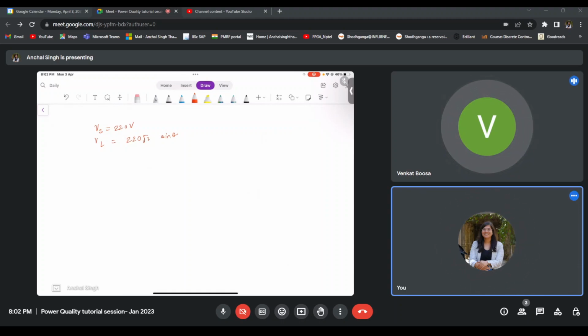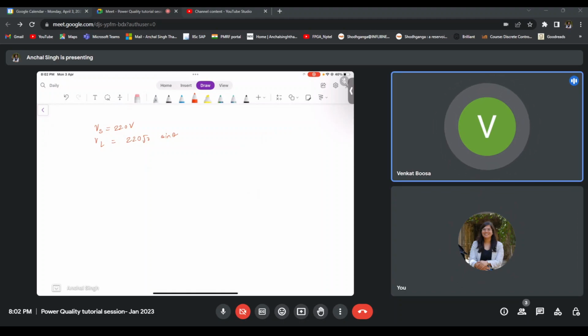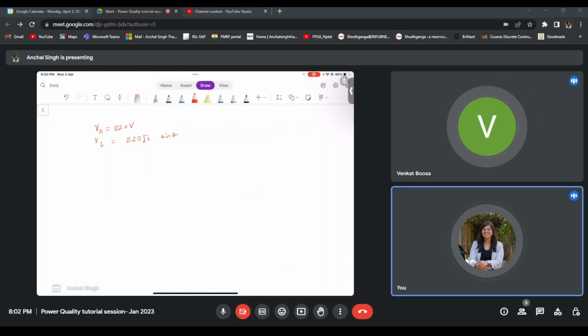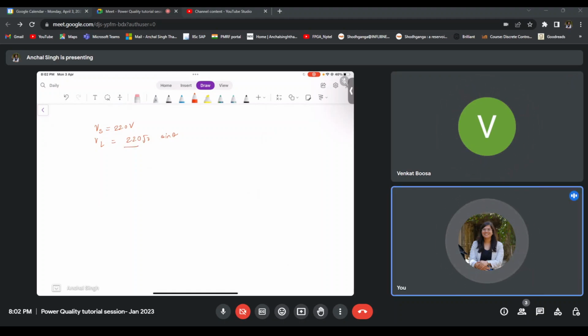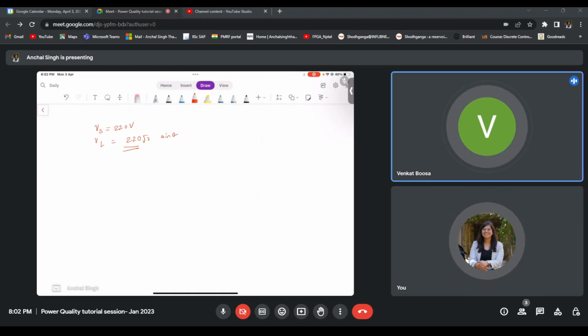If 230 or 240 were given, madam, would the procedure still remain the same? The procedure will still remain the same, madam. You will just replace this 220 with 230 or 240, whatever is given in the question. Basically, what is the load operating voltage value?